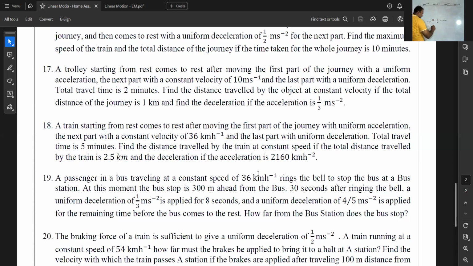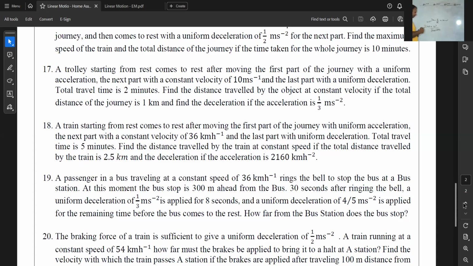So you have to calculate. Multiplied by 10 to the power 3, then kilometer becomes meter. Then h minus 2 means 3,600 into 3,600.